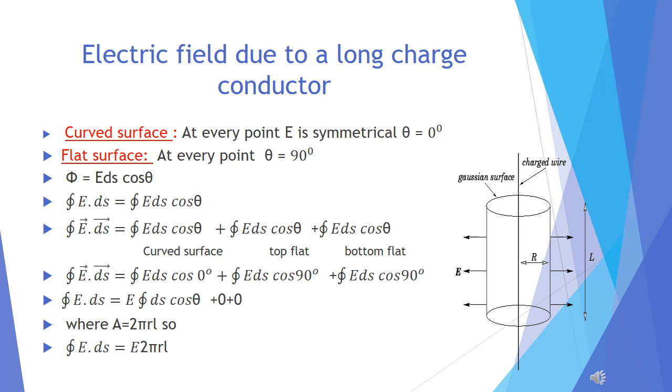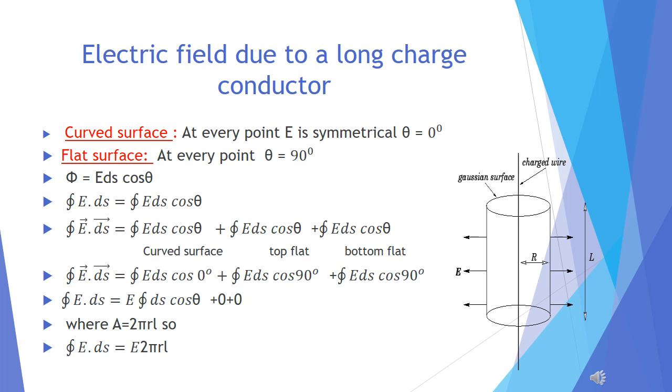Now the second point is that we have to apply Gauss theorem, which tells us that closed integral E dot ds equals closed integral E ds cos theta. Now we divide this closed integral into three parts. Closed integral E dot ds equals closed integral E ds cos 0 degrees for the curved surface, plus closed integral E ds cos 90 degrees for the top flat surface, plus closed integral E ds cos 90 degrees for the bottom flat surface.